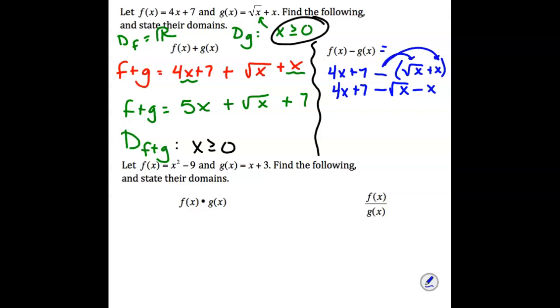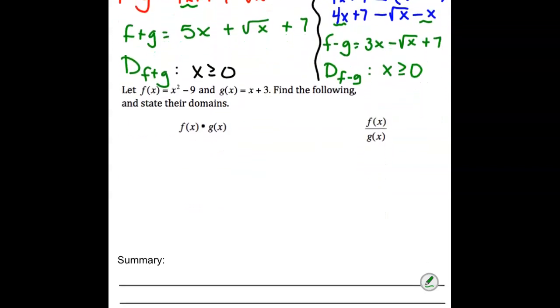Then combining like terms, 4x minus an x would give us 3x. We're subtracting a square root of x, and we are adding a 7. Again, for the domain of this difference of functions, x has to be greater than or equal to 0, since we have that square root that can't have a negative value inside.